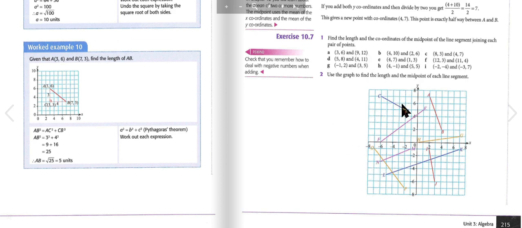And the midpoints of these are (3, 4.5), (-4, 6), (2, -2.5), (2.5, 3.5), (0.5, 2.5), (-3.5, 1), (-3, -3.5), (-2, -4.5), and finally (-4.5, -4).